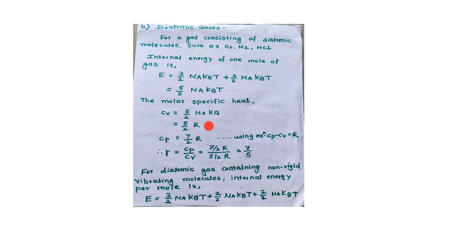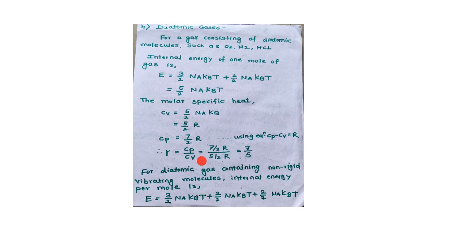Now another molar specific heat is Cp. Cp equals 7/2 R, using the equation Cp minus Cv equals R. By substituting the value of Cv and after solving, we will get the value of Cp as 7/2 R. Now the ratio of the two specific heats, gamma, equals Cp upon Cv.